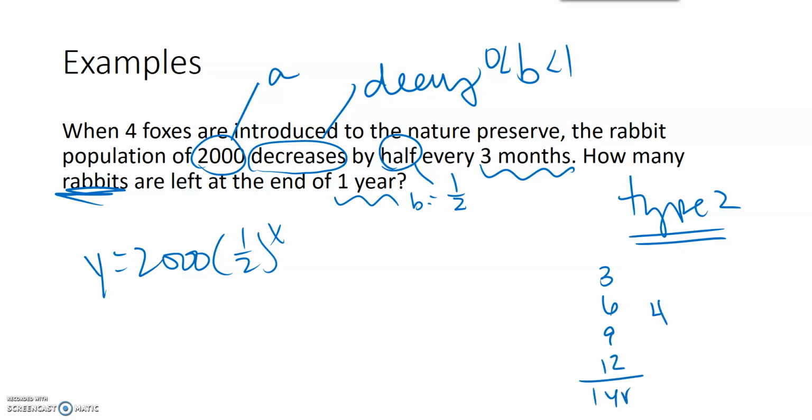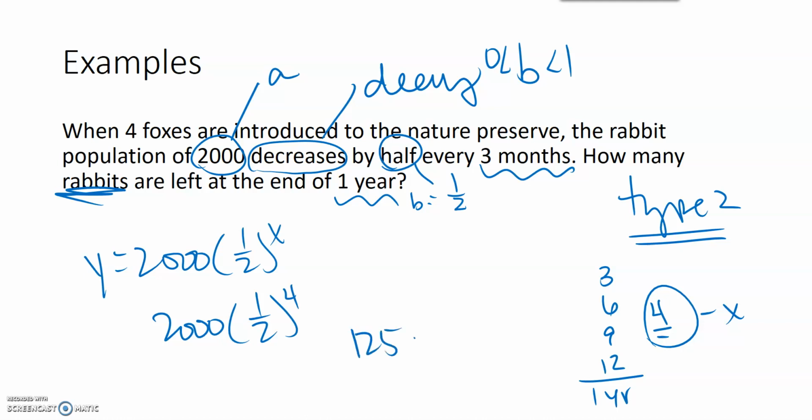So there are 4 3-month periods in 1 year. I only need to do 1 year, so I'm not going to multiply this by anything. It's just 4. So 2,000 times 1/2 to the 4th power. 2,000 times 0.5 to the 4th power, and I end up with 125 rabbits. And that would be our answer.